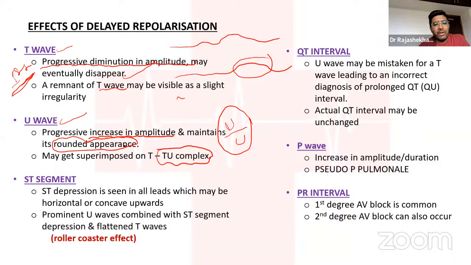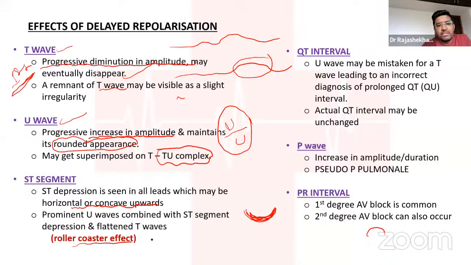If you see the ST segment, it is in all leads usually depressed, horizontally or concave upwards. This is what concave upwards is. In MI it is usually convex upwards, but in hypokalemia it is concave upwards. And the prominent U wave combined with ST segment depression and flattened T waves is called the roller coaster effect.